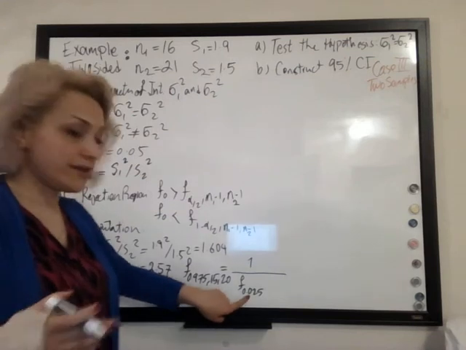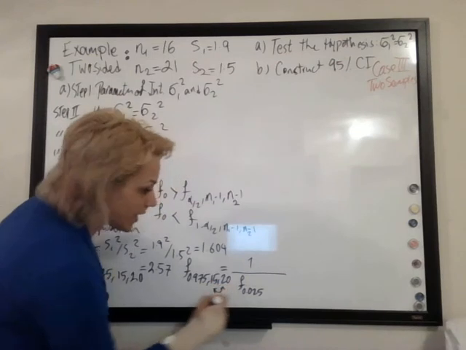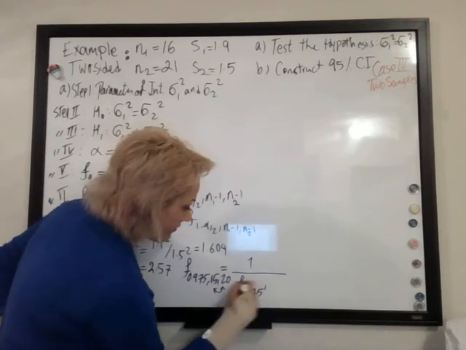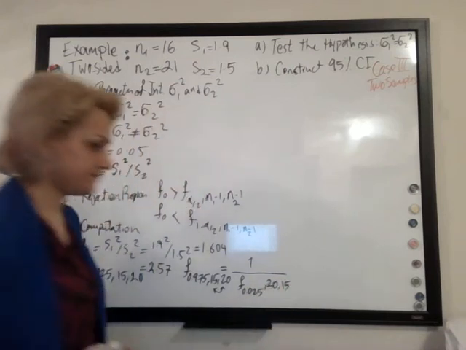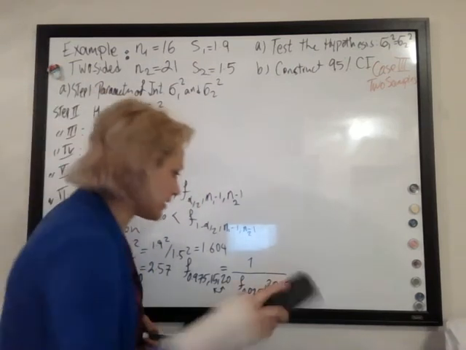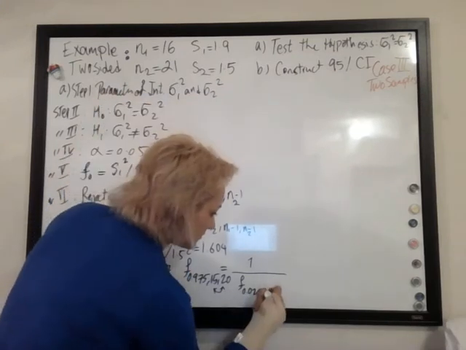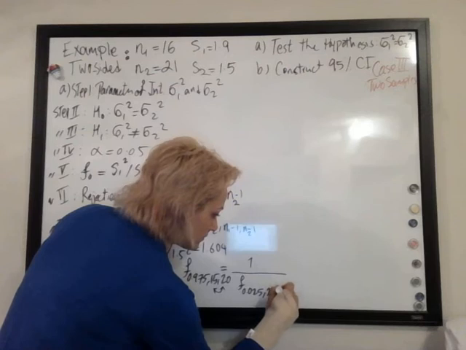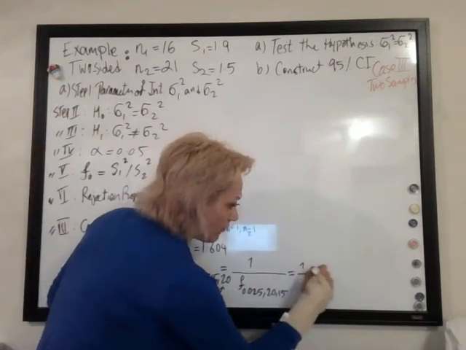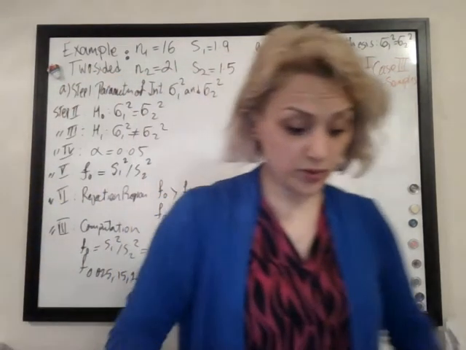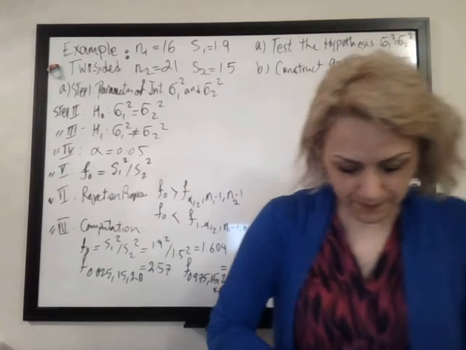So you would write down F at half of the alpha, and then we need to switch these two. So F at 0.025, and then 20, and then 15. I have to write it down like this. So it's going to be 1 over, then we go to the same table for 0.025.